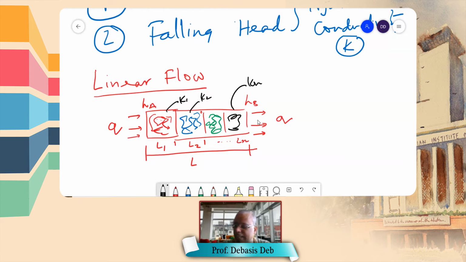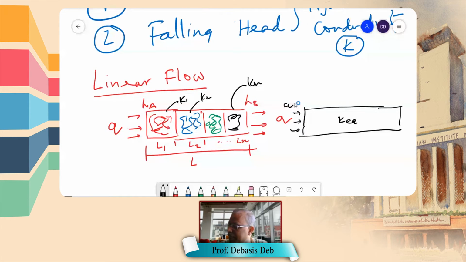Now, if I have to replace this by an equivalent material, let's say K equivalent, the same Q will come in here and the same will come out here.